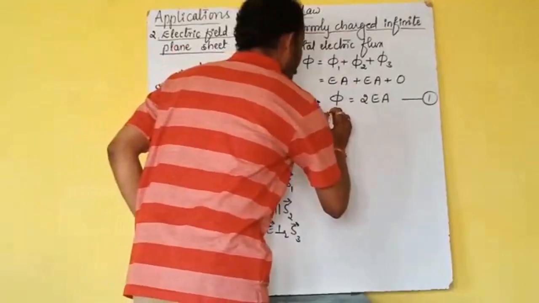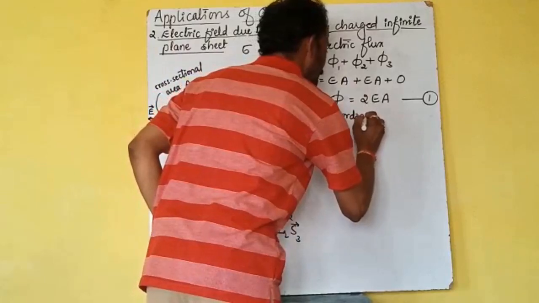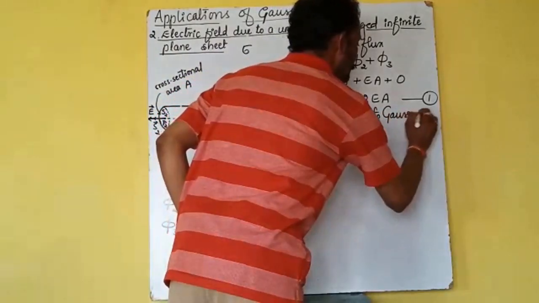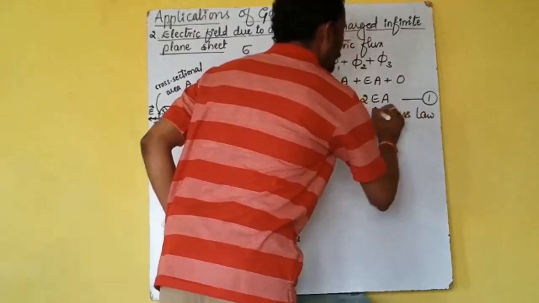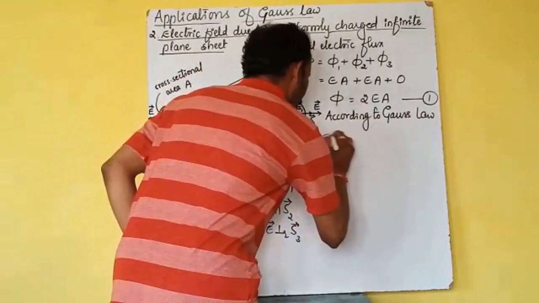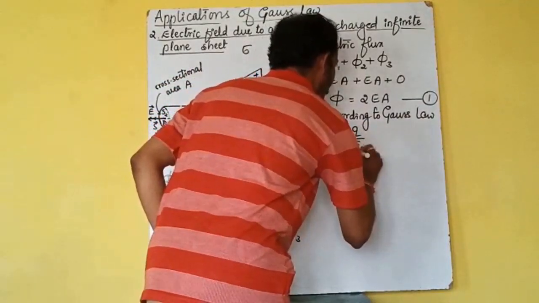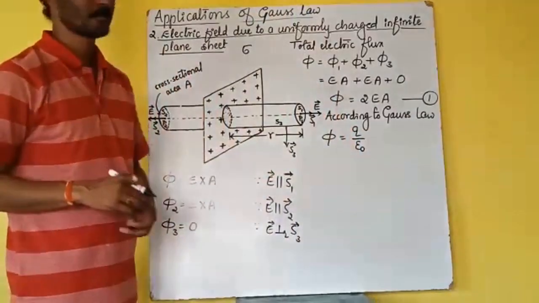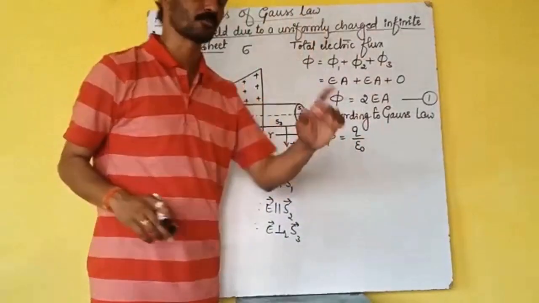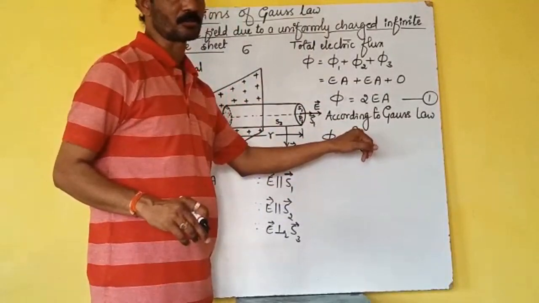According to Gauss law, the total electric flux through any closed surface is 1 by epsilon naught times the net charge enclosed by it.